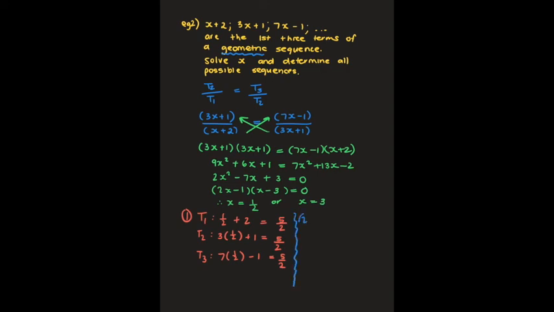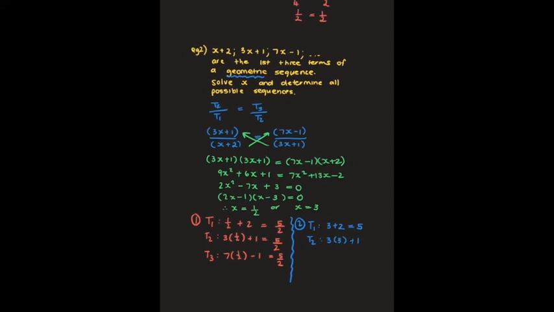Our second option is when x is equal to 3. So with term 1, it's going to be x plus 2, so 3 plus 2, which is 5. Term 2 would be 3x, x is 3, so 3 times 3 plus 1, which is 10.